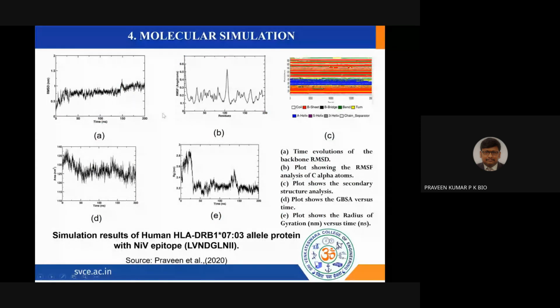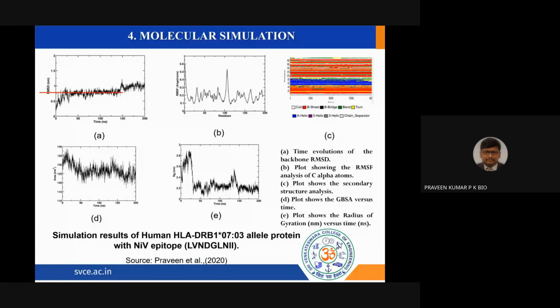And if you see the molecular simulation, just a very simple protocol, try it with the root mean square deviation. If you see in the root mean square deviation, it is almost stable up to here. It is stable from nearly 35 to 145, something like that.